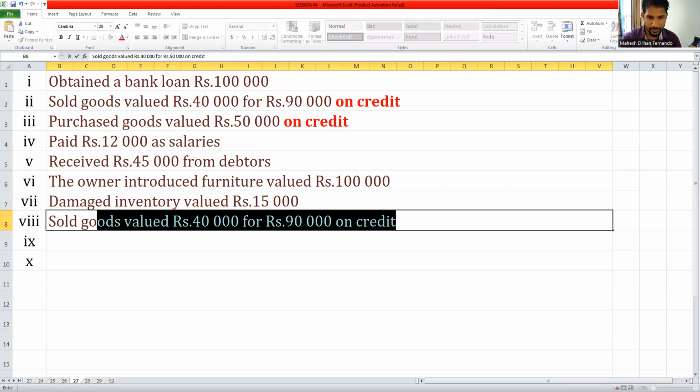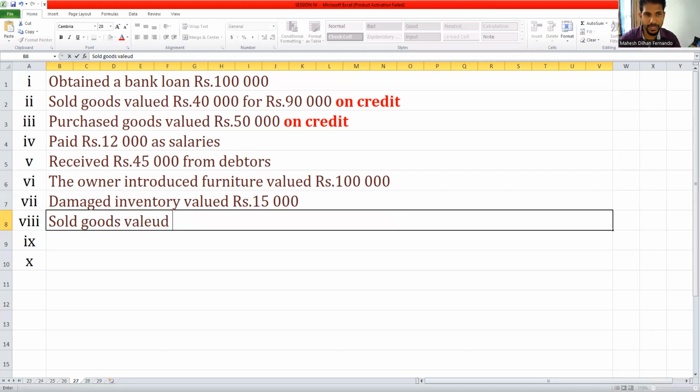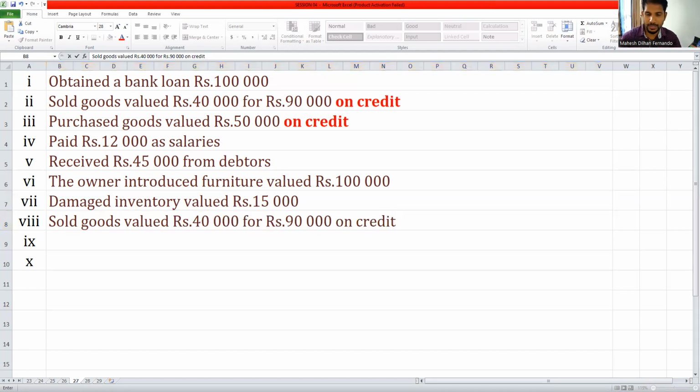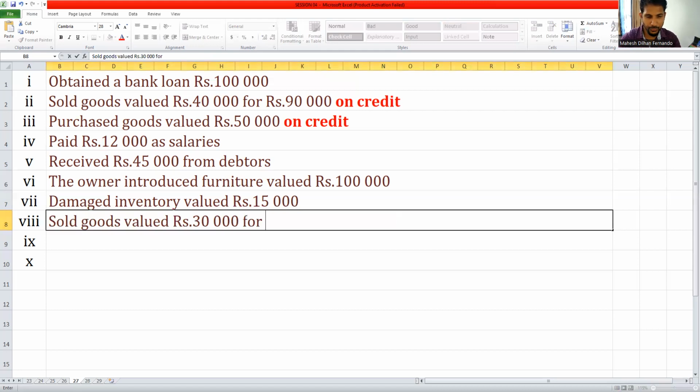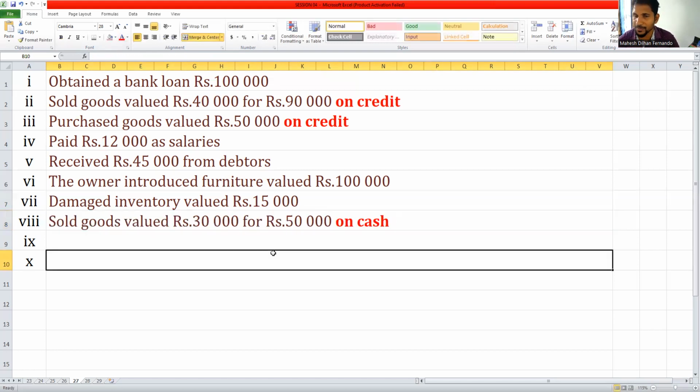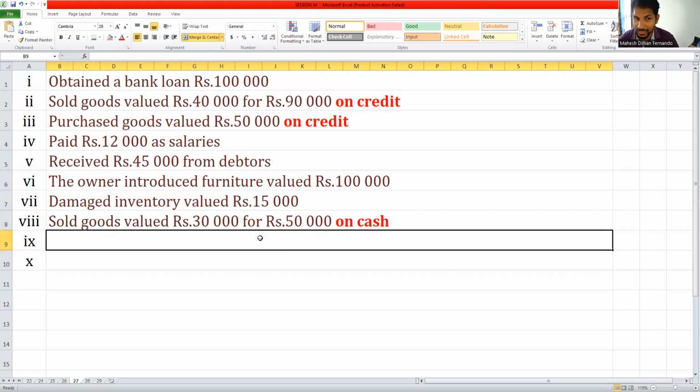Sold goods valued rupees, how much? 30,000 for rupees 50,000. Mention that it is on cash. Important. So when I say it is important, it is important. Okay, so write it nicely.